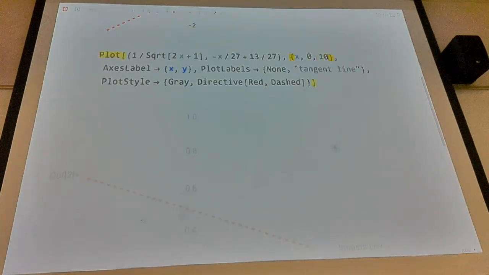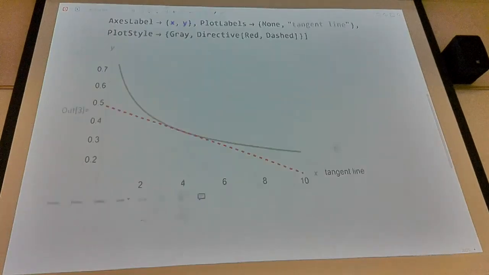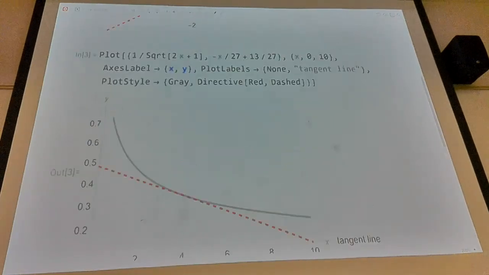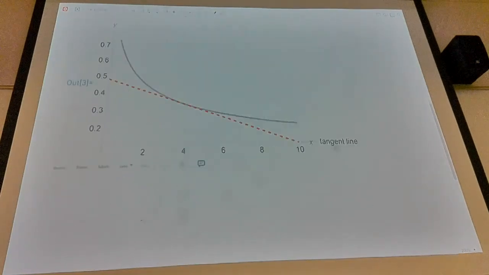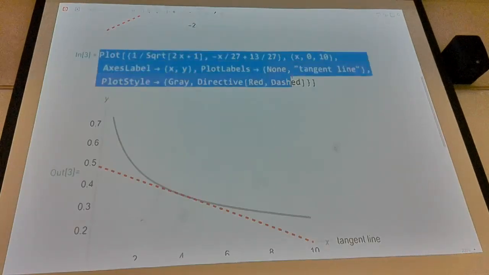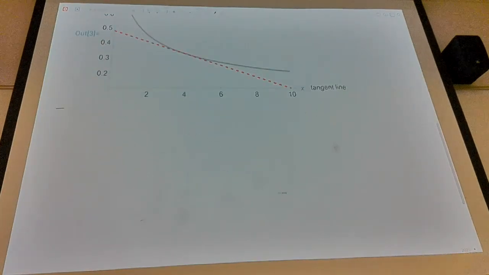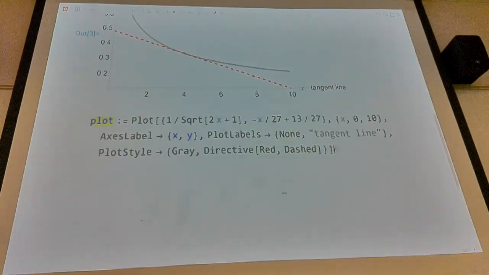That view's better. Now I didn't show, but I'll show it now. I didn't show the last time the point on there as well.